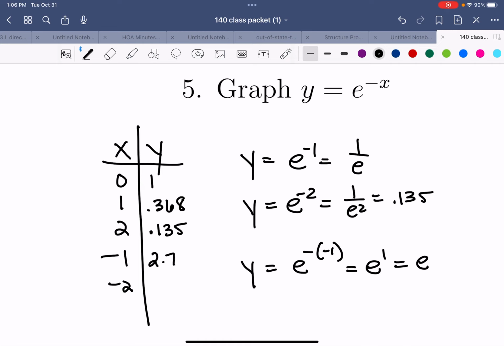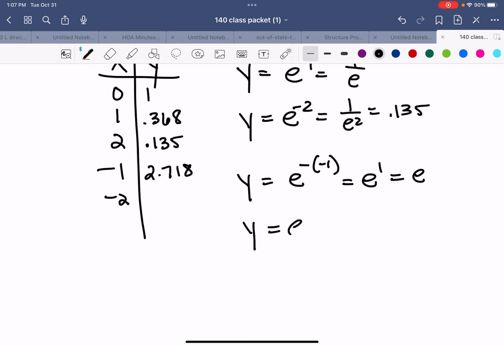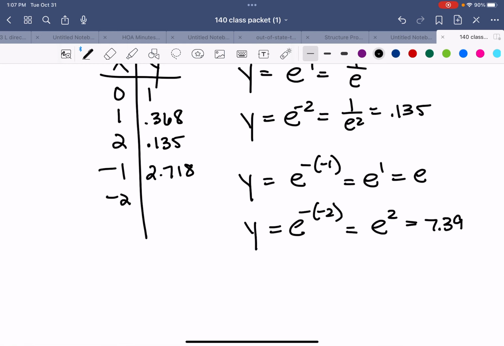So that's your 2.718. And then we want e to the -(-2). And that becomes e to the +2, which is 7.39.